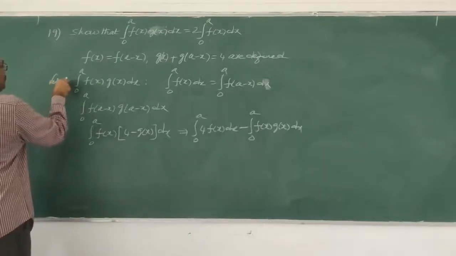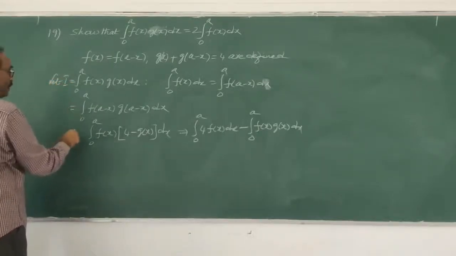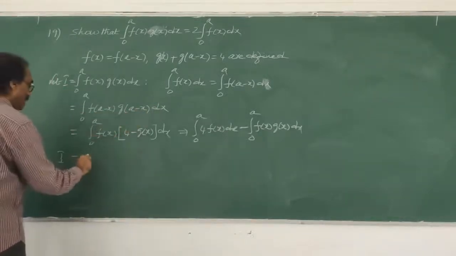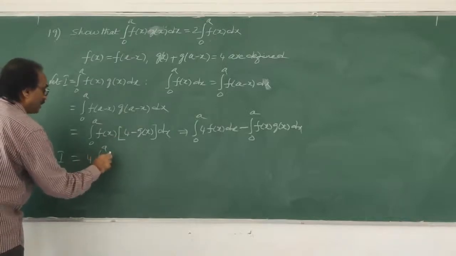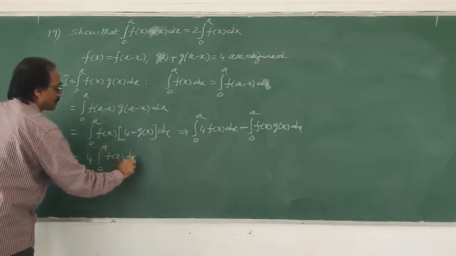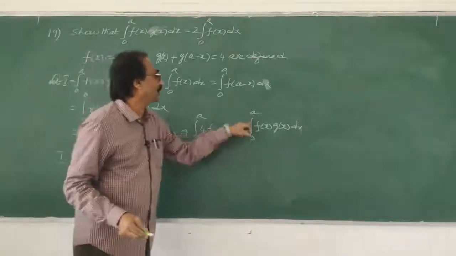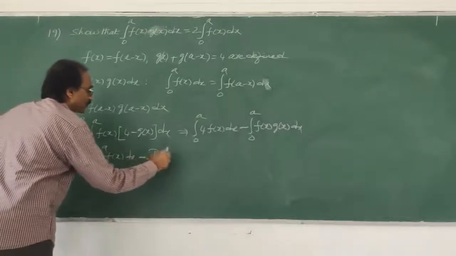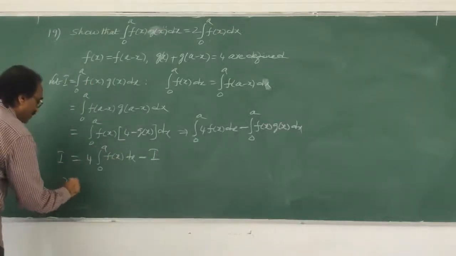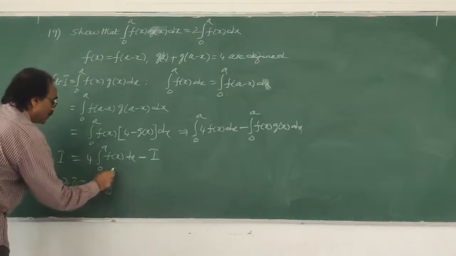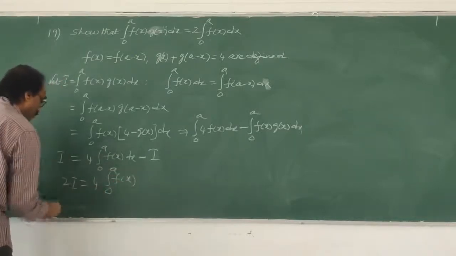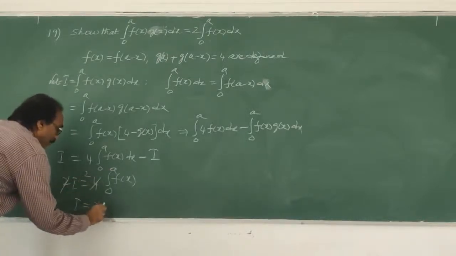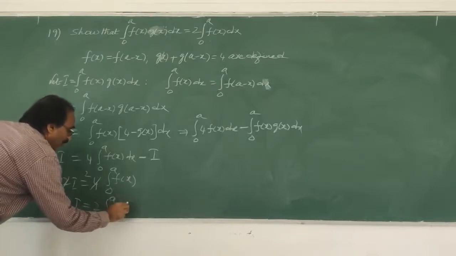Here, let I be equal to this, that is also I. So now I is equal to 4 constant outside, integral 0 to a f of x dx, minus integral 0 to a f of x into g of x dx, which is how much? I, you write I here. Minus, this means I plus I, 2I, is 4 into integral 0 to a f of x dx. So now what happened? 2 goes into it 2 times, therefore I is 2 into integral 0 to a f of x dx.